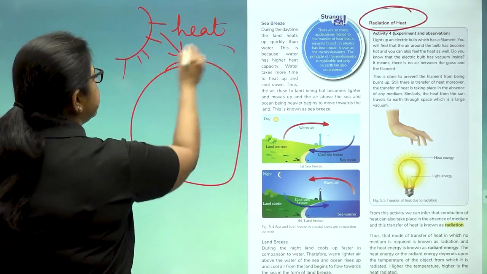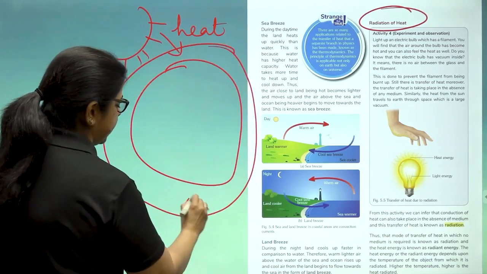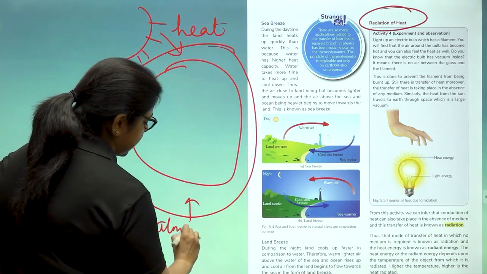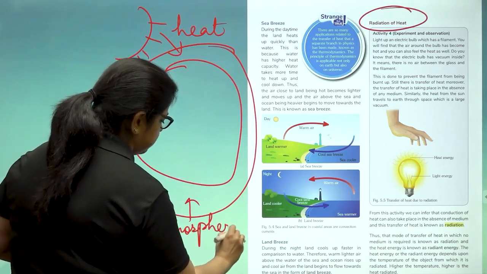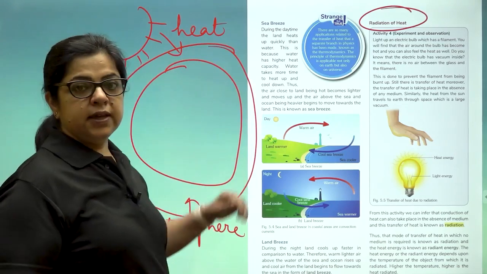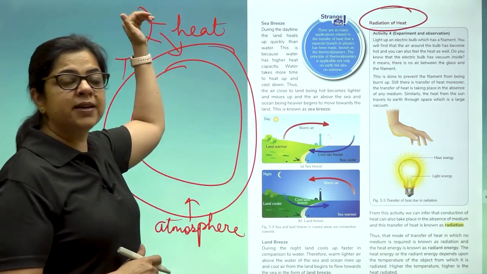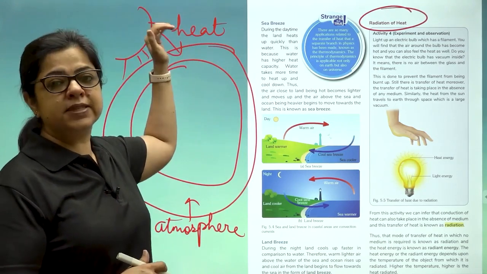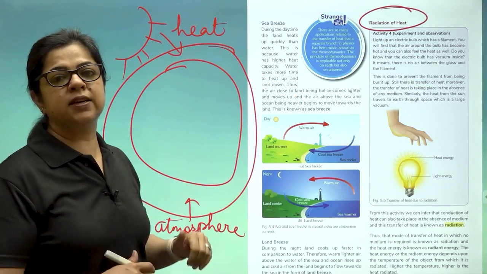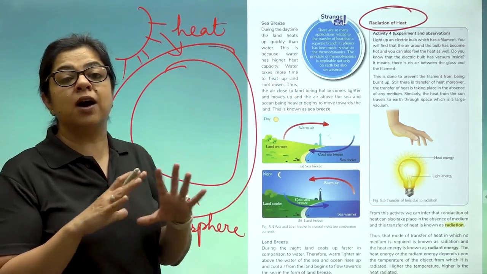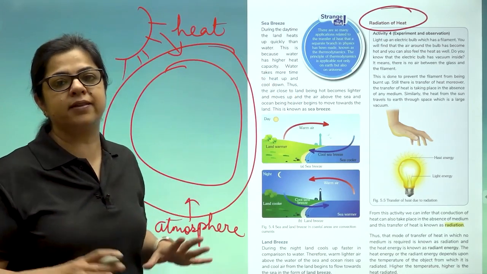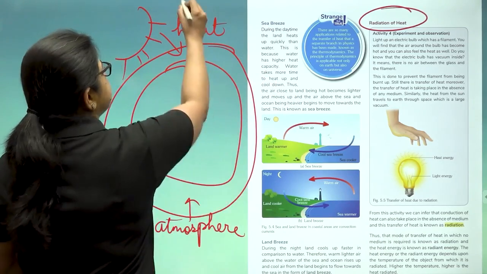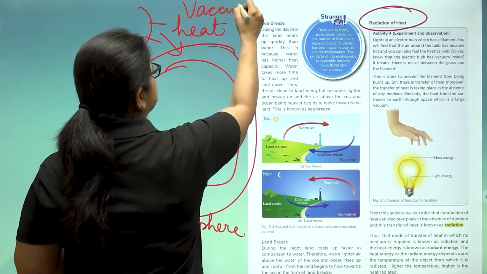We know that the area around the Earth is covered by air, which is known as atmosphere. But what about the universe? The distance that the heat from the sun travels to reach the earth is without any medium. There is no air there. So what is there? There is absolute vacuum.